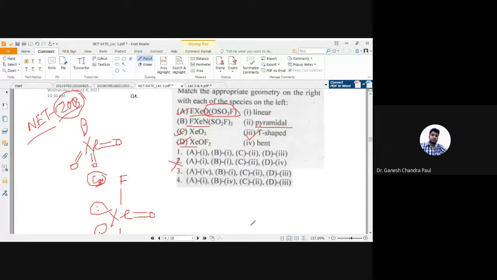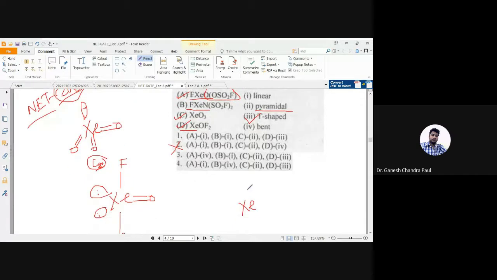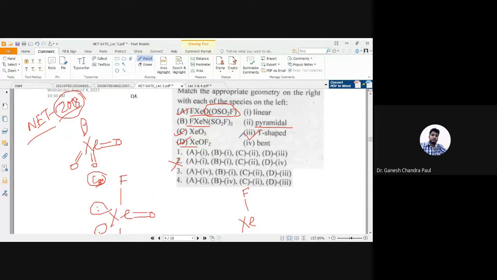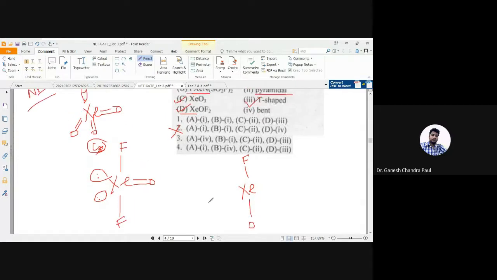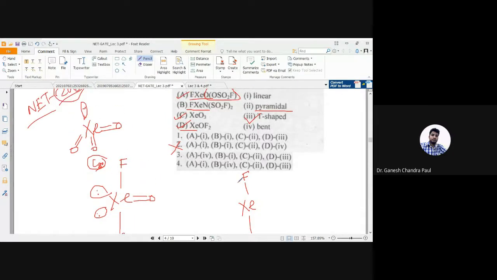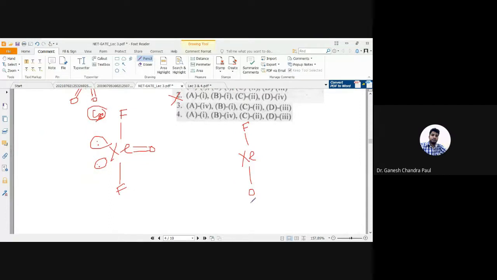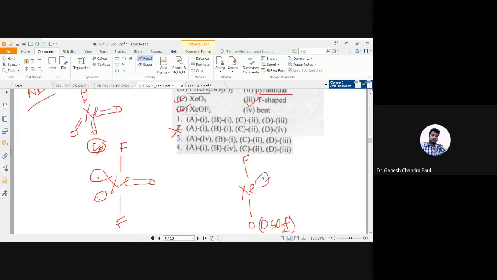So you can see that xenon has 1 fluorine, like that 1 fluorine is present, and this part, this oxygen, and then the rest of the other part OSO2F, it is also present like this OSO2F, and the rest of the other 3 sides are occupied by 3 lone pairs of electrons.